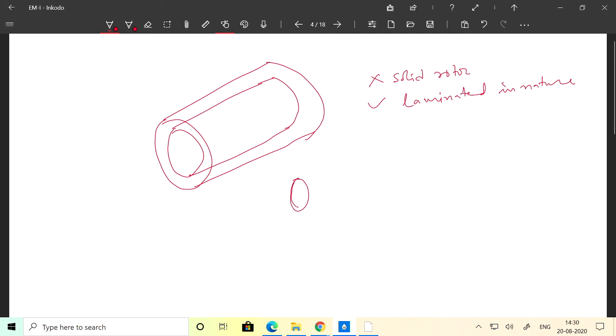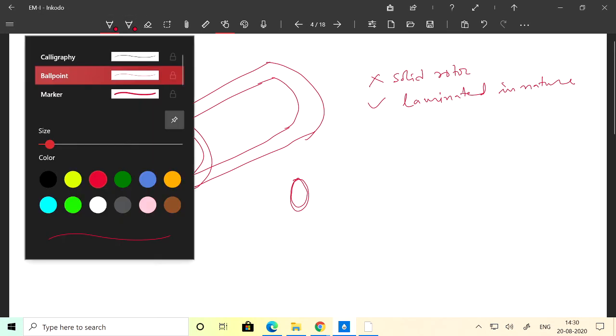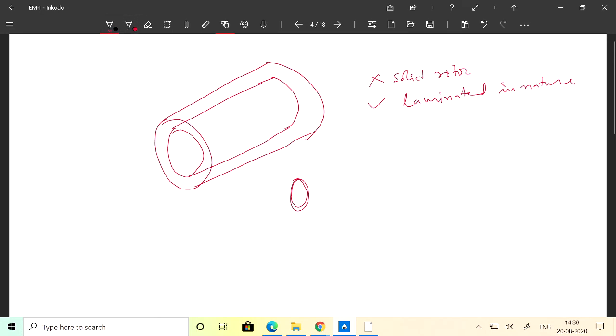We will cut this into small slices like this.